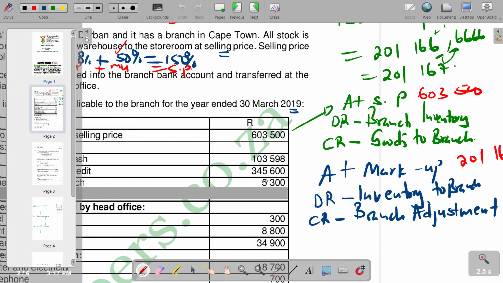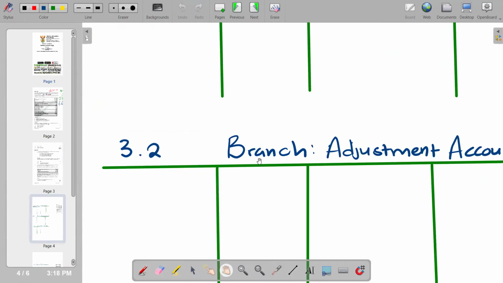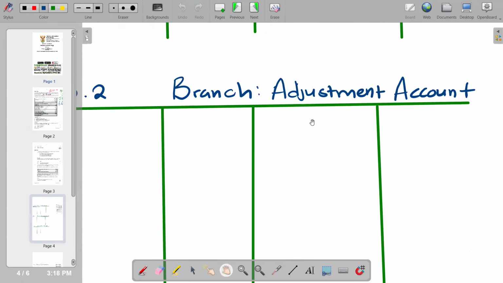Remember, we said we debit inventory to branch and credit the branch adjustment. So the inventory to branch part is also not part of our question. So we are not going to debit inventory to branch. Since it's not asked in the question, we only go to the credit side of the branch adjustment, which is asked in the question, and credit branch adjustment. So we look for that account, which is the branch adjustment, which we have here. We go to the credit side, and of course, we indicate it as inventory to branch in the details column.